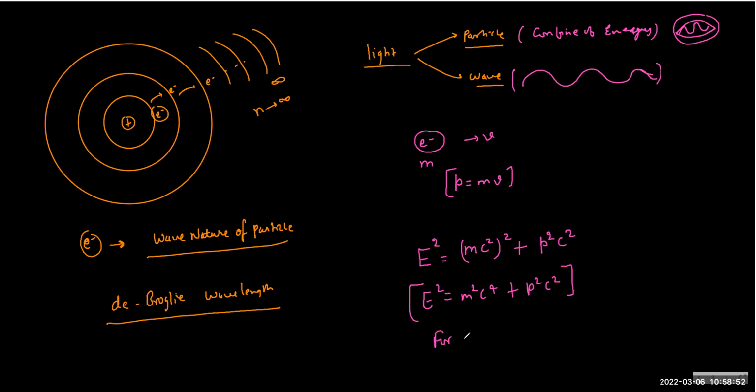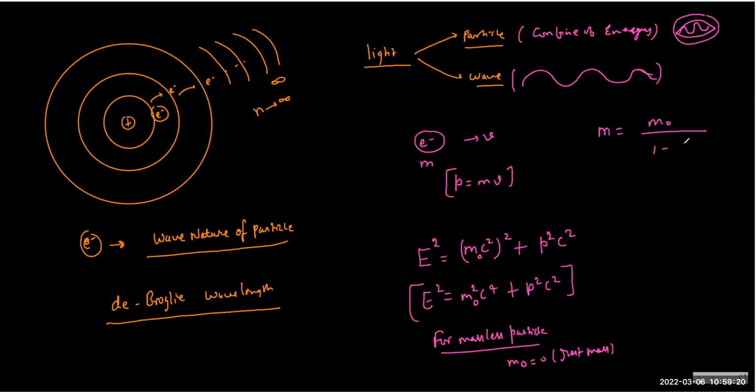For a massless particle, which you can say any wave, like any electromagnetic wave, is massless, the m becomes zero. Here m is the rest mass, not the relativistic mass. For a massless particle, m naught is zero, which is called the rest mass. And for those who don't know, there are two types of mass.